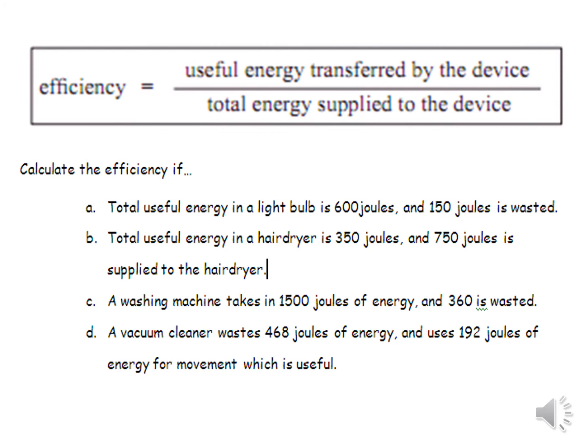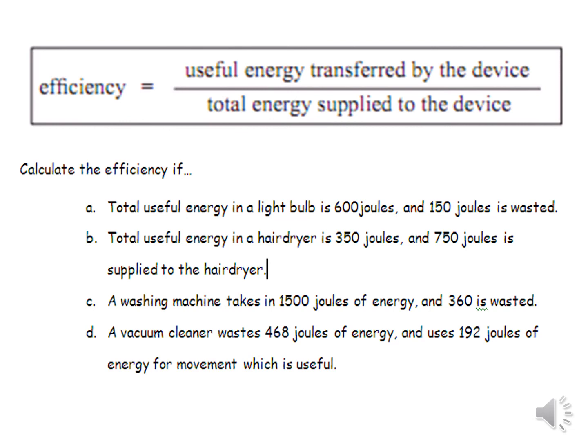Okay, so hopefully the example is nice and clear for you, and you're feeling confident about calculating efficiency. What you can see in front of you now are 4 questions for you to calculate the efficiency. So remember, the equation to calculate efficiency is useful divided by total, and then you times it by 100 to turn it into a percentage. On your pieces of paper, you don't have to write these questions.